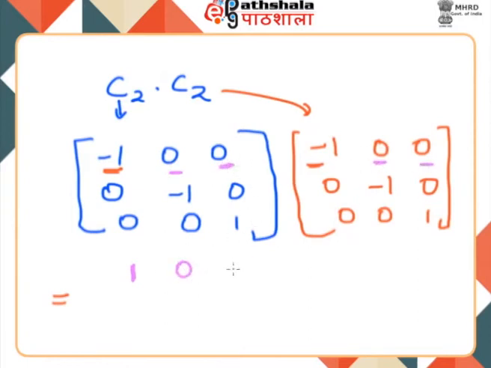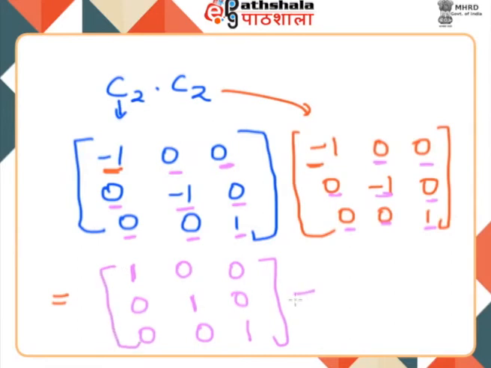And from here again we get 0. 0 into 0 is again 0. Minus 1 into minus 1 you get 1. 0 into 0 you get 0. 0 into this 0 is 0 again. Here also we get 0, and 1 into 1 is 1. So what you have got is this, which is nothing but E.